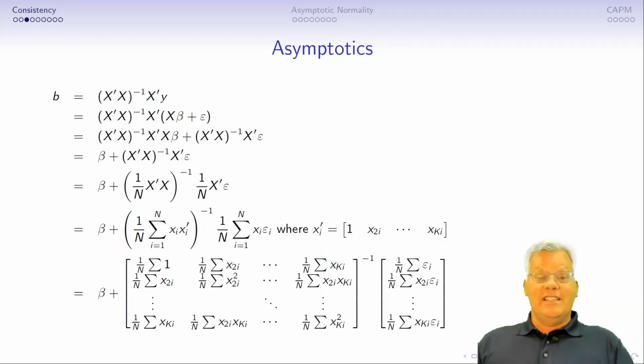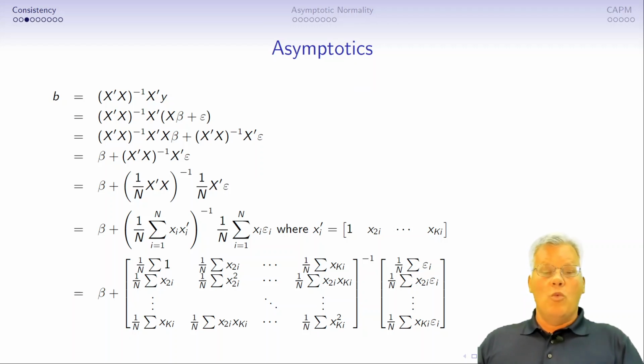And what you'll notice is in the northwest, or the upper left-hand corner, that element is equal to the sum from i equal 1 to the sample size of the number 1. So that's equal to n, and n times 1 over n is, of course, equal to 1.